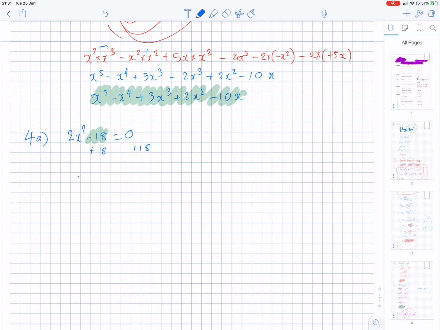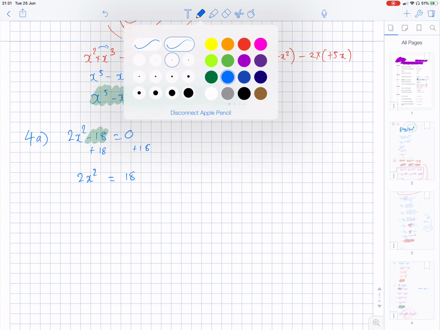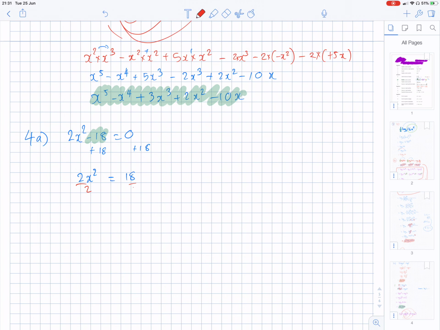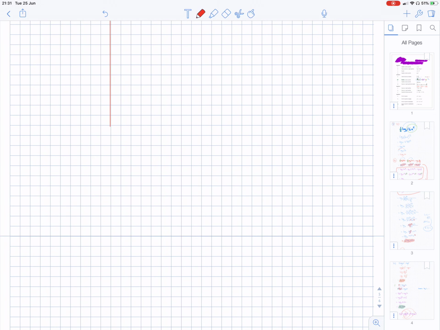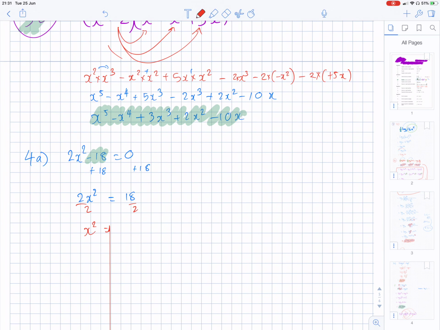So you remain with 2x squared equals 18. Then we divide by 2, divide by 2. So we get x squared equals 9. So x equals square root of 9, x equals plus or minus 3. That's it.